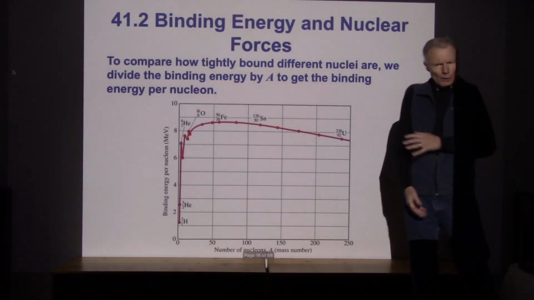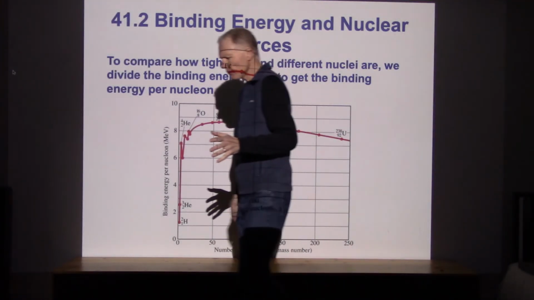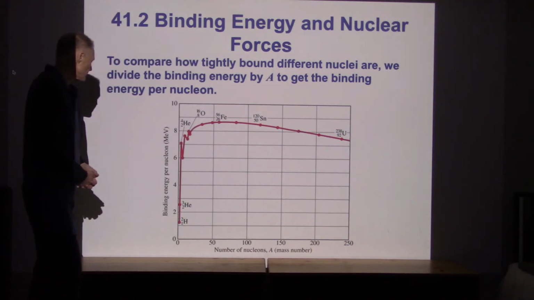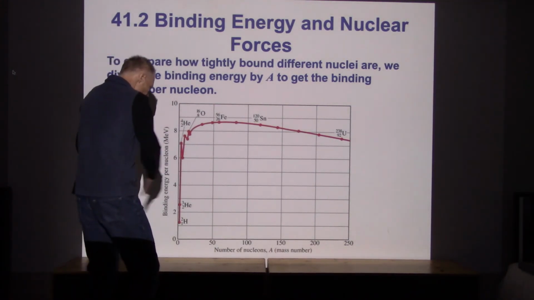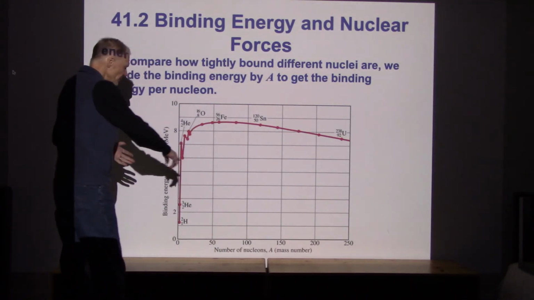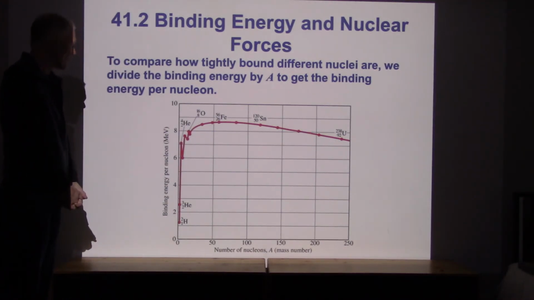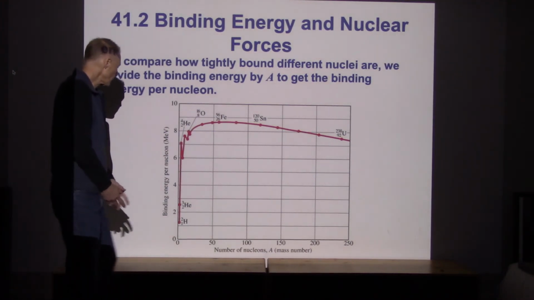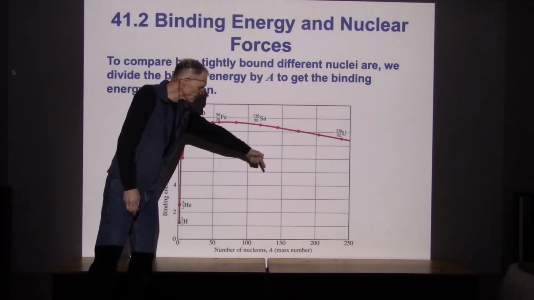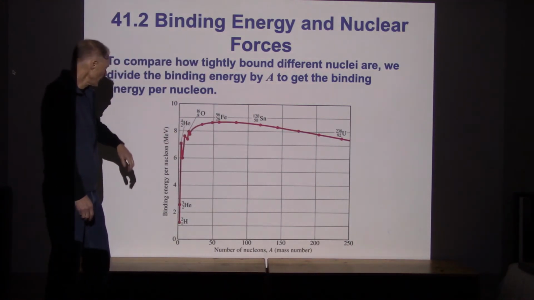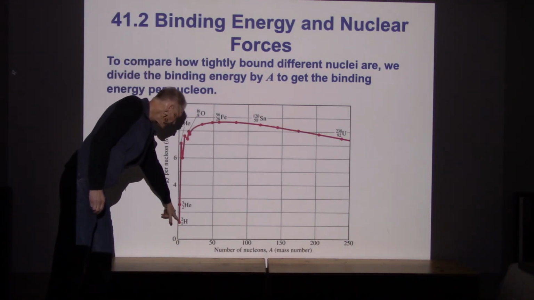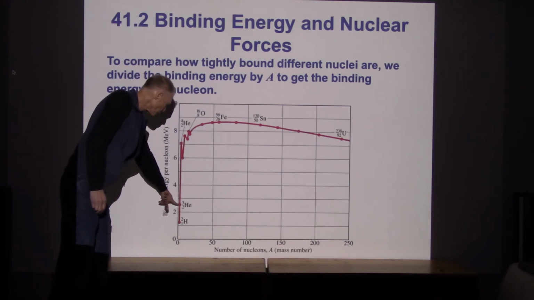All right, if we look through the periodic table, what we find is along this horizontal scale, this is the number of nucleons. It's the mass number. And what we're doing is looking through the periodic table as the mass number goes up. We're starting off with isotopes like hydrogen-2, helium-3.